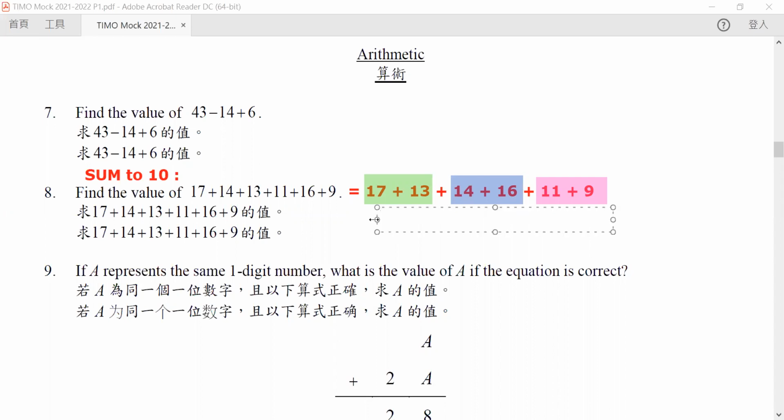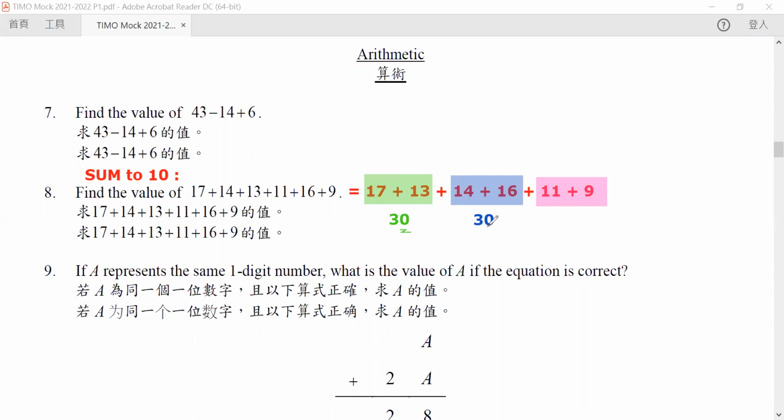Teacher, I said 17 plus 13 equal 30. Yes, it is equal to 30. Now, 14 plus 16 equal 30. Excuse me, I'm sorry, it is also equal to 30, okay?